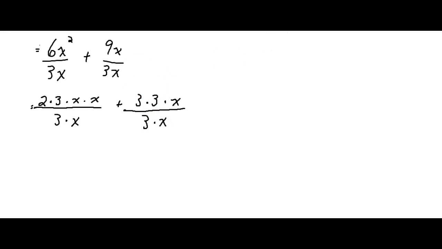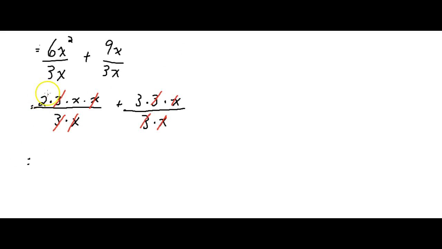Now I grab my canceling pen and I start canceling. That cancels with that, that cancels with that. Over here, that cancels with that, and that cancels with that. And then we look at what we have left.